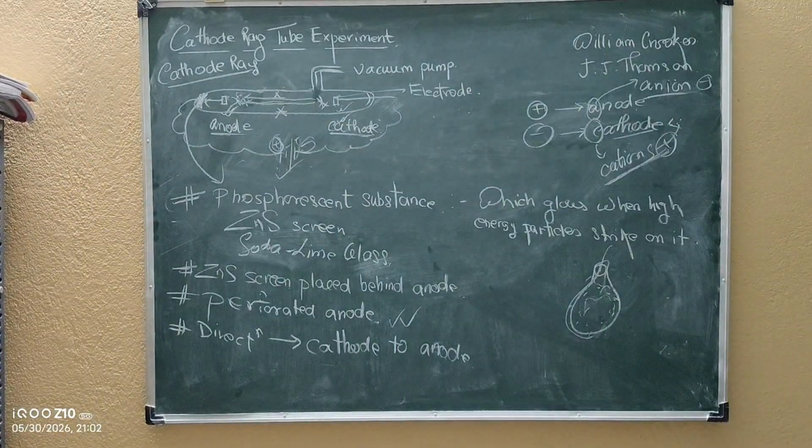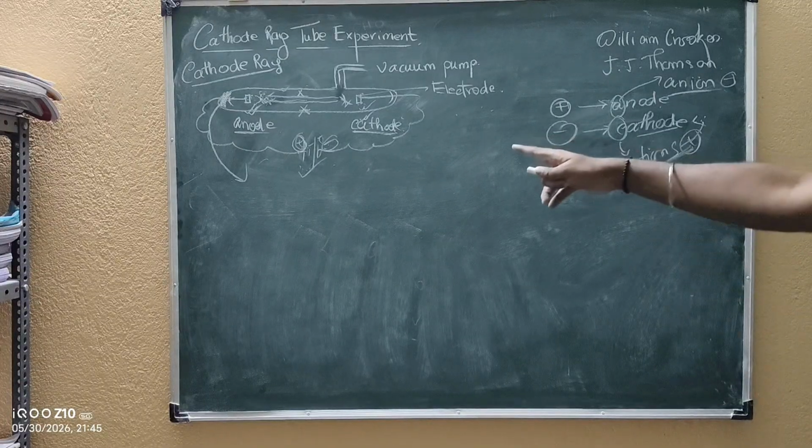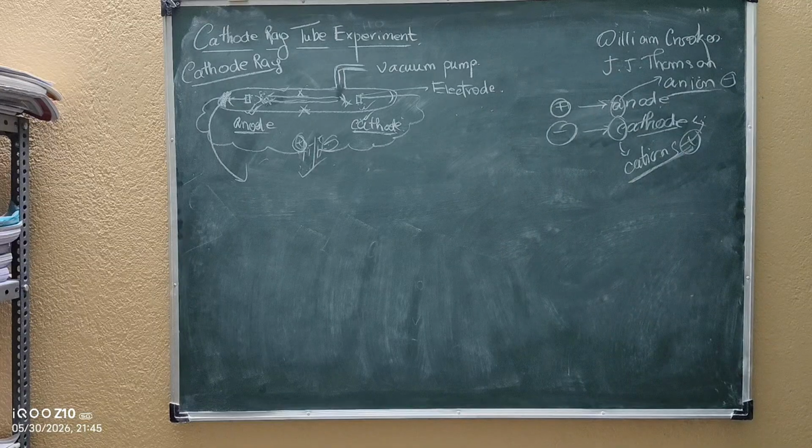Think and tell me, because now we are going to move on to the next thing, that is J.J. Thomson's electron discovery. We have understood William Crookes' experiment, and now we are going to understand J.J. Thomson's experiment about proving they are electrons.